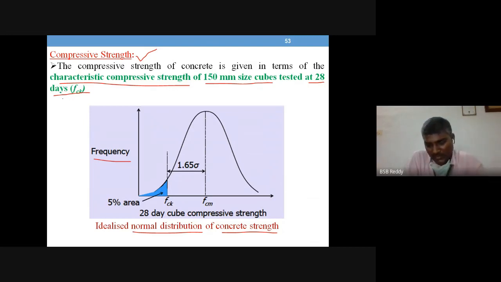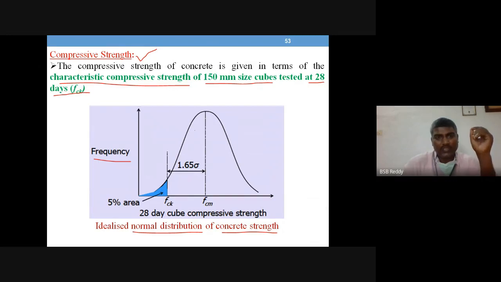Same as the RCC and PCC. The same acceptability criteria is here. 5% of the sample shall not have the mean compressive strength of the cubes tested.